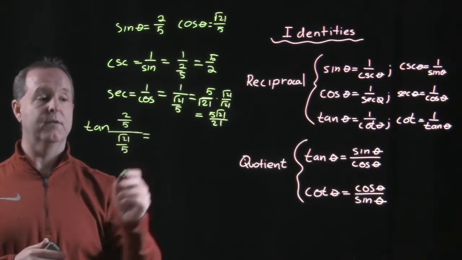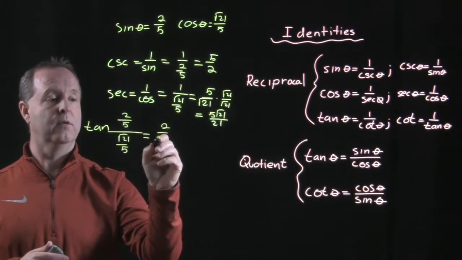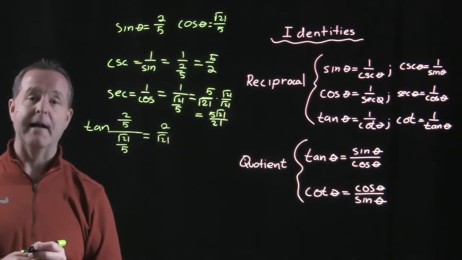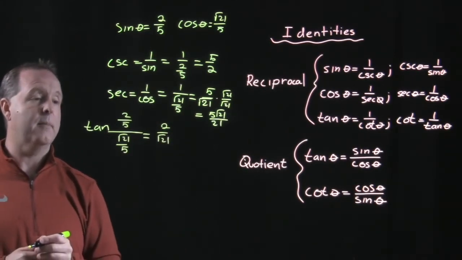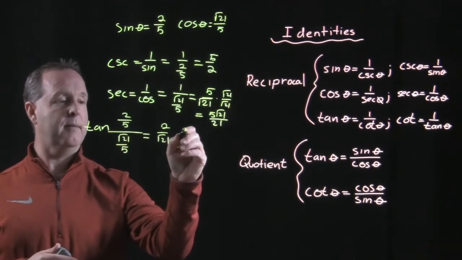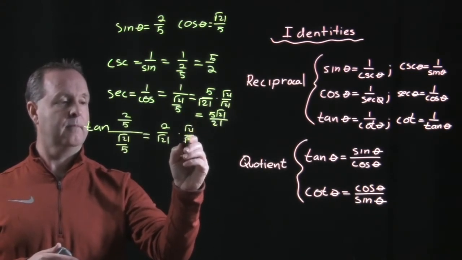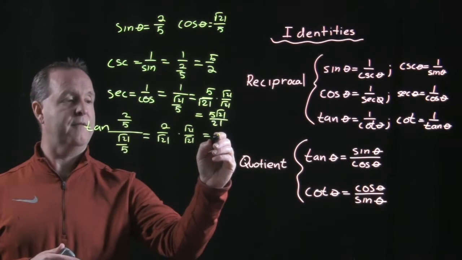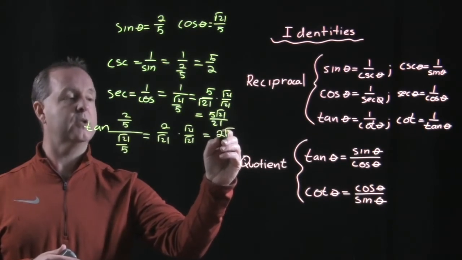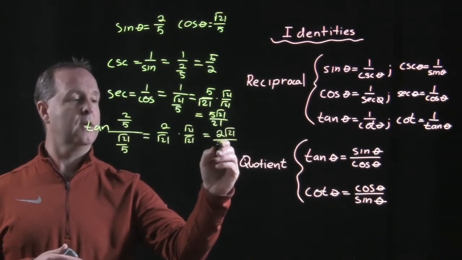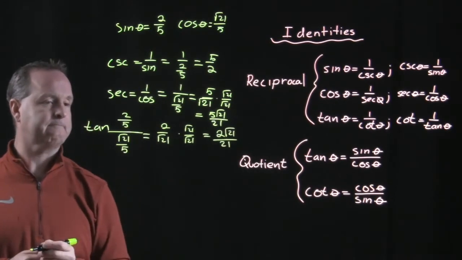And that reduces down to 2 over root 21. And then likewise, to rationalize the denominator for that one, let's multiply both the top and bottom by root 21. So my final is 2 root 21 over 21.